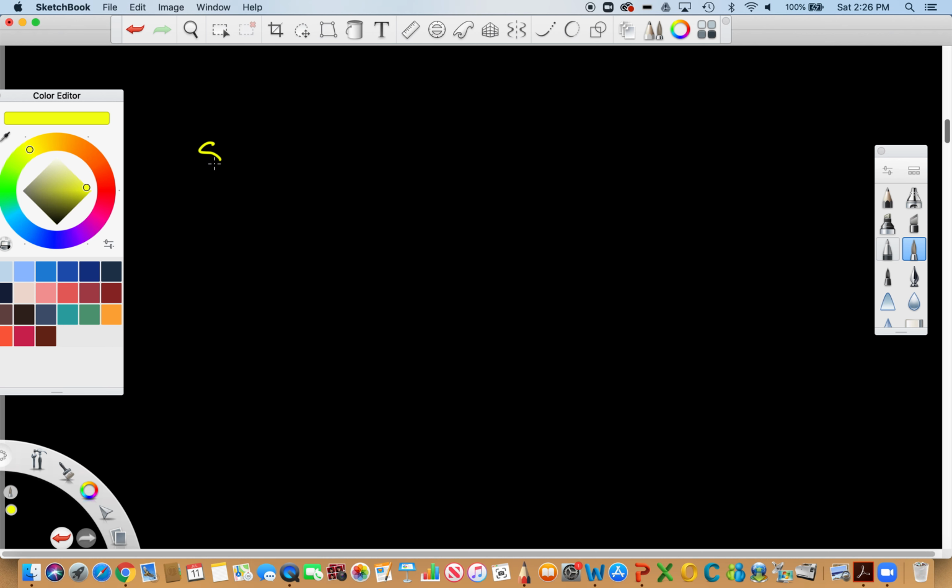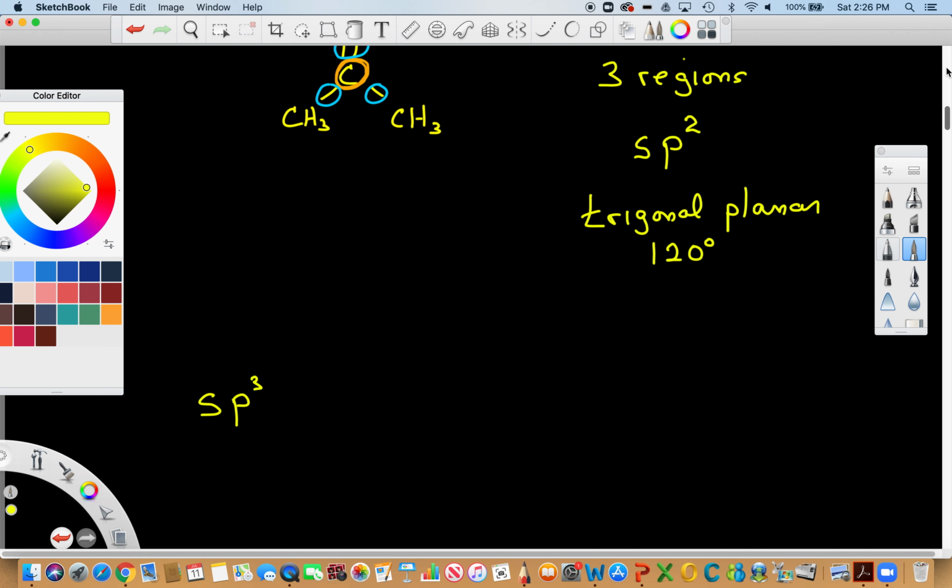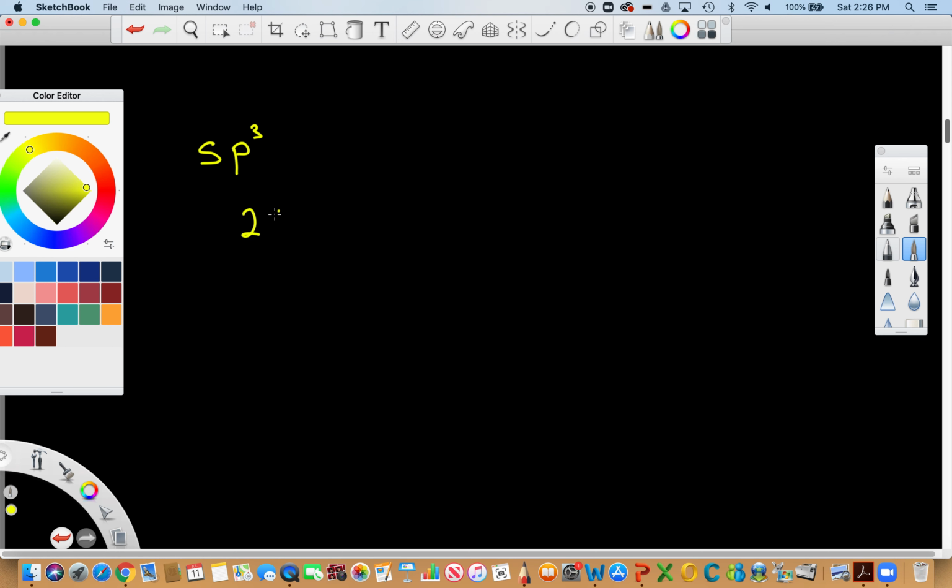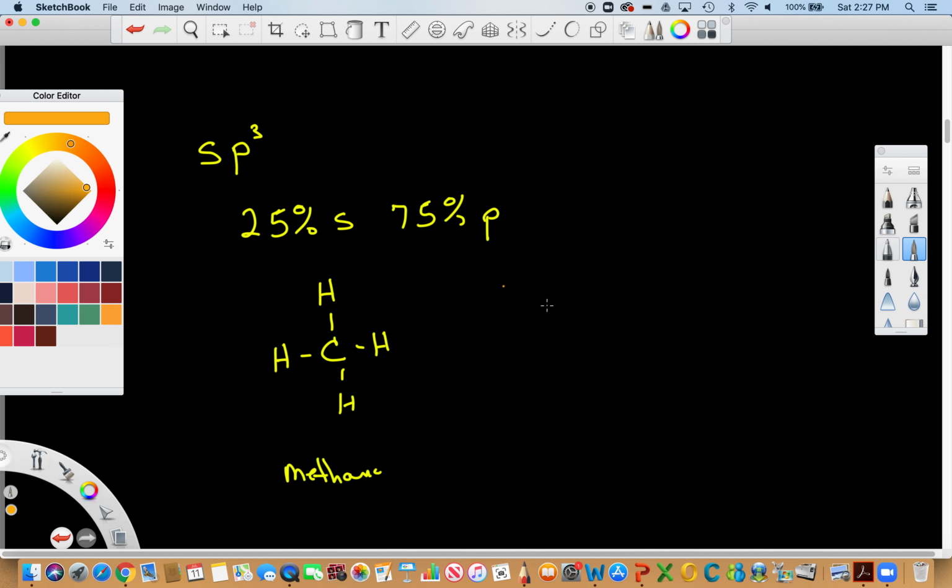So what about sp3? They are 25% s and around 75% p in the shape for hybridization. So if we have our formula methane here, how many high electron density regions are around the carbon?